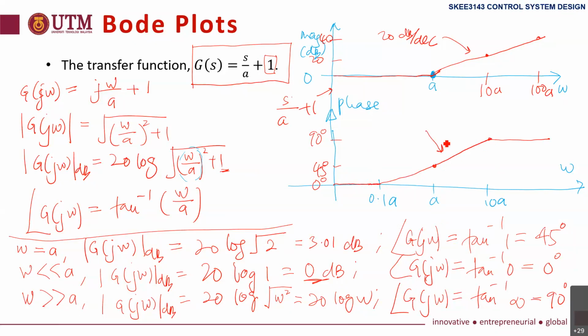This is a line with 45 degrees per decade, positive. So for S over A plus 1, this is the Bode plot straight line approximation.